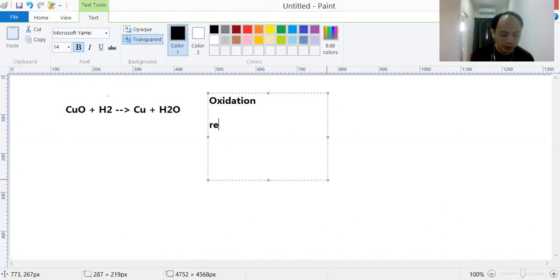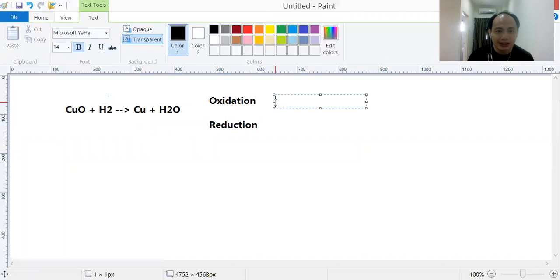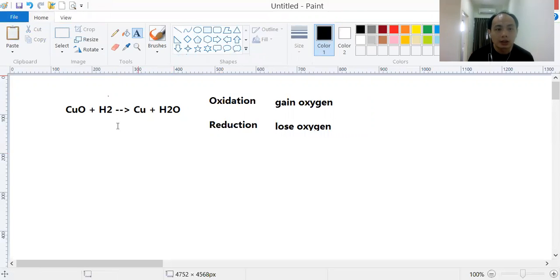Oxidation, reduction. Okay, so oxidation means gain oxygen. Reduction is lose oxygen. So it's very obvious lah.